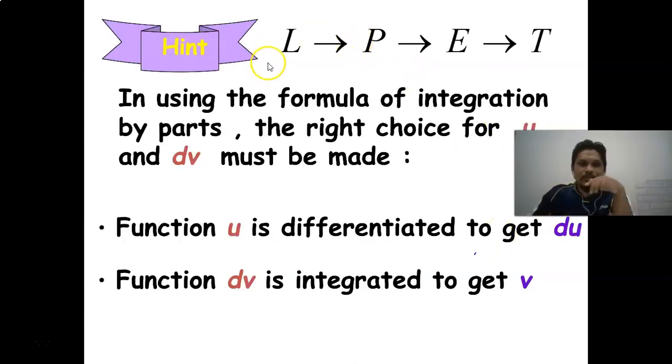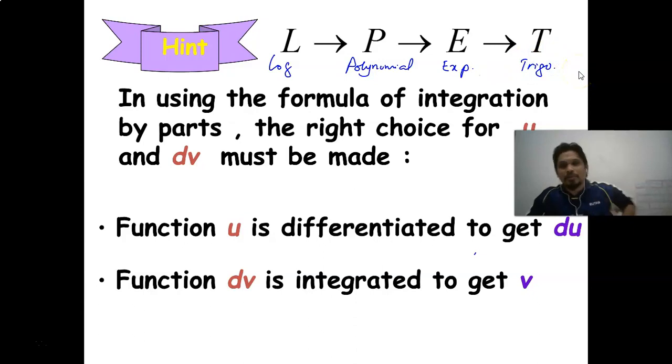L stands for log, P stands for polynomial, E stands for exponential function, and T stands for trigonometric function.